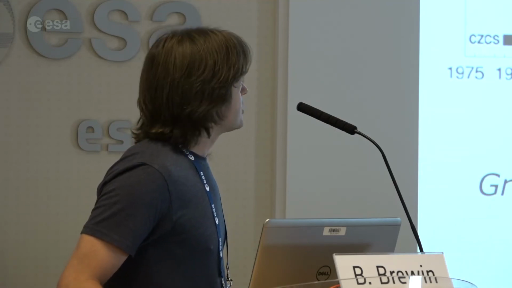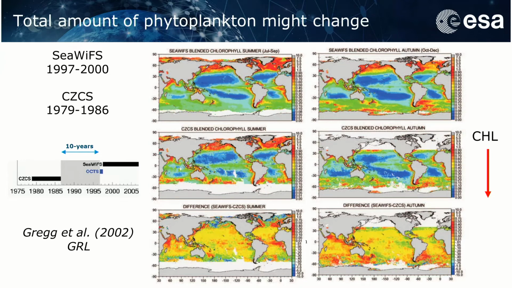Okay, so jumping back to what I mentioned a bit earlier about this old proof of concept sensor. So this is the period that the CZCS sensor operated from the mid-1970s to around the mid-1980s. There was then a 10-year gap before all our other ocean colour sensors started to come aboard. And there has been work looking at what the chlorophyll concentrations were during these two periods.